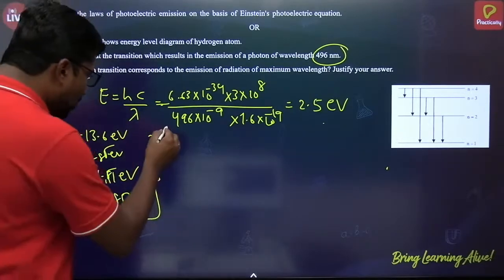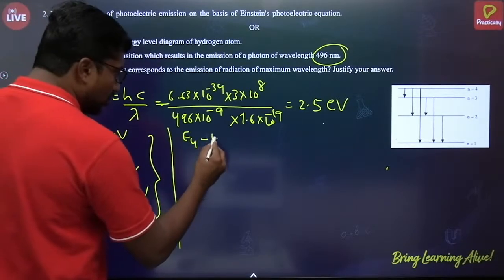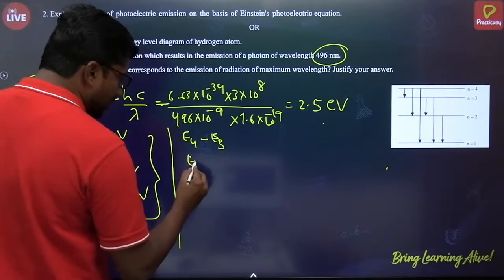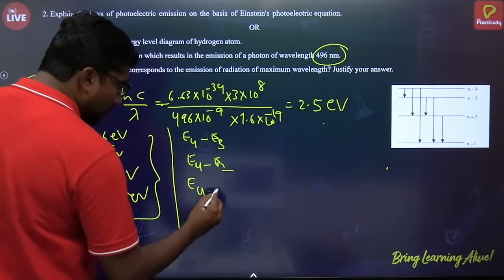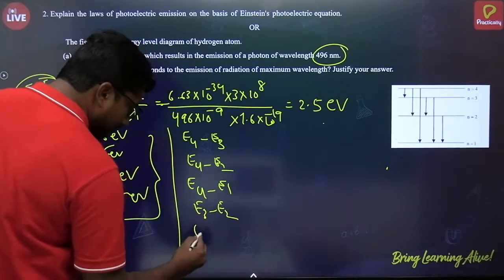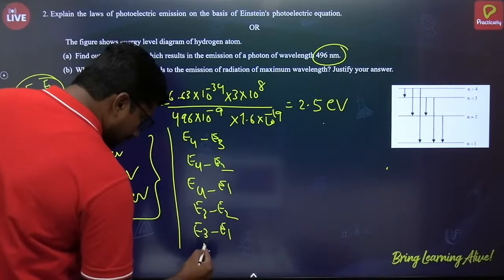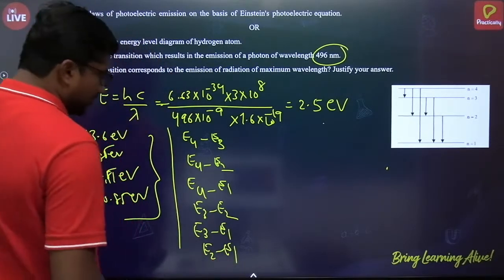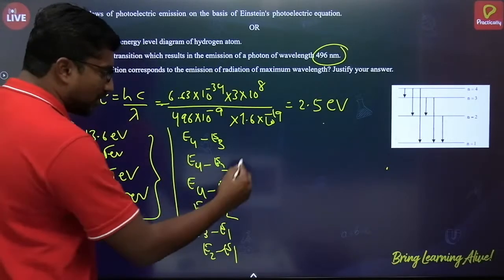Now you have to calculate the E4 to E3 transition, E4 to E2, E4 to E1, then E3 to E2, E3 to E1, then E2 to E1. After finding E4 minus E3, E4 minus E2, E4 minus E1, we will get the values.